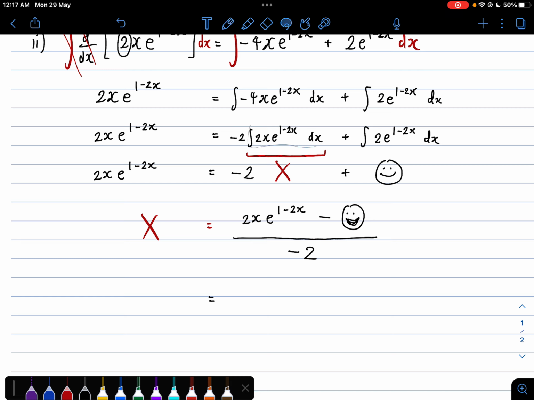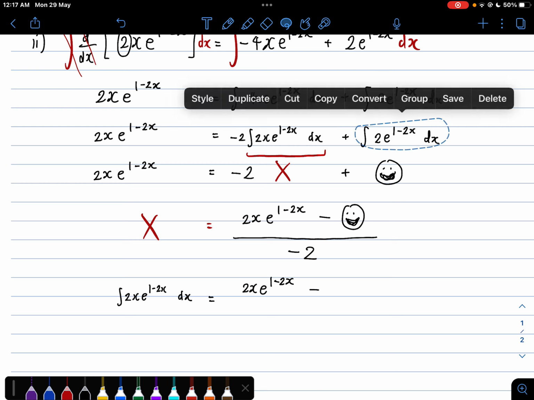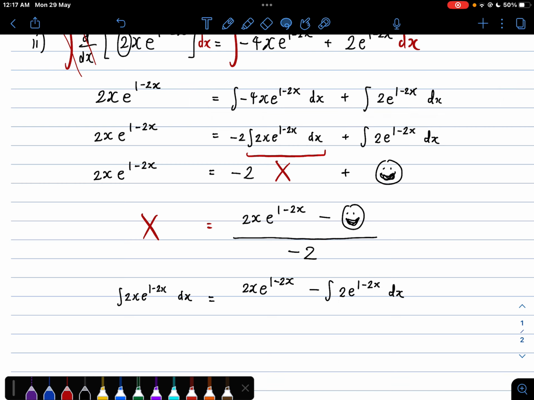It's really just the integral of 2x times e power 1 minus 2x dx. And on the right hand side, you have 2x times e power 1 minus 2x, minus away the happy face, which in this case is the integral of 2 times e power 1 minus 2x dx, all divided by negative 2.